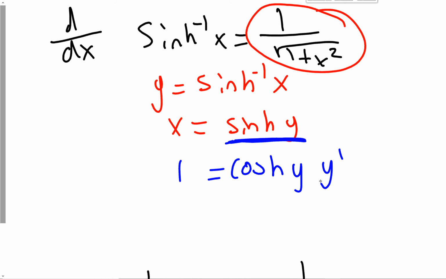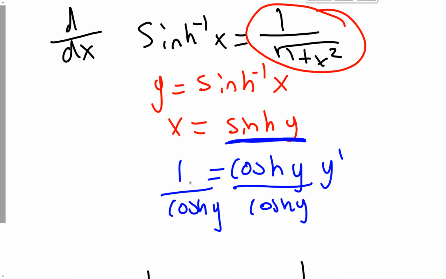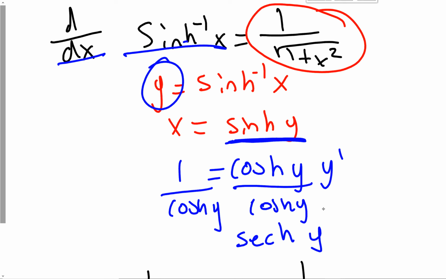Okay, now I can just solve for y prime, because that's what I'm looking for, right? The derivative of this, which is this, and derivative of that, same thing. Invert: 1 over hyperbolic cosine of y. So then I can switch that back to hyperbolic secant y equals y prime.